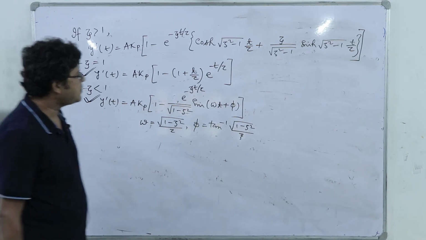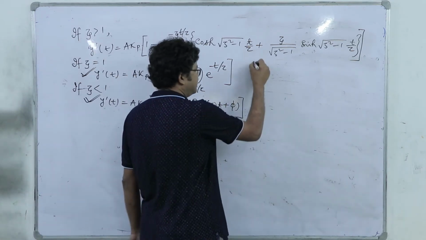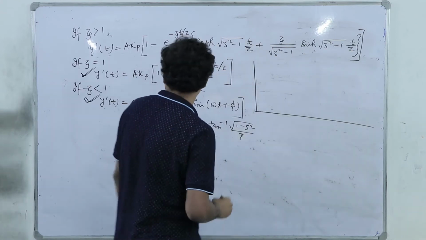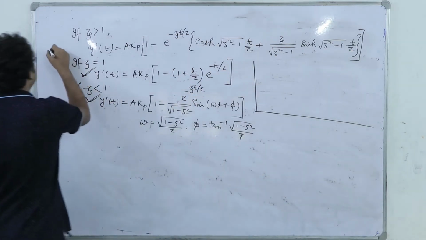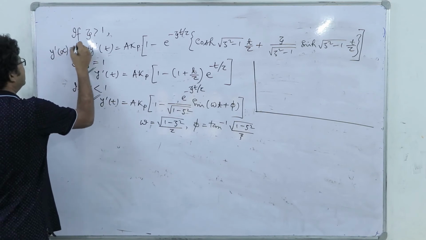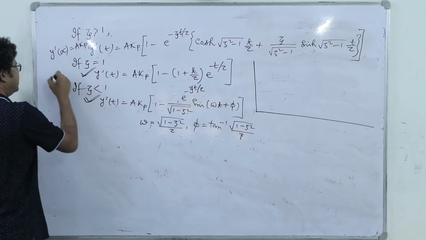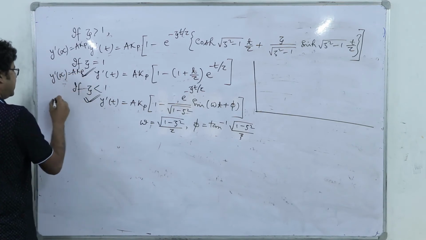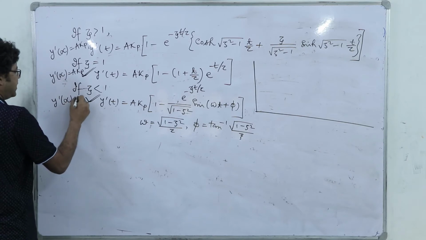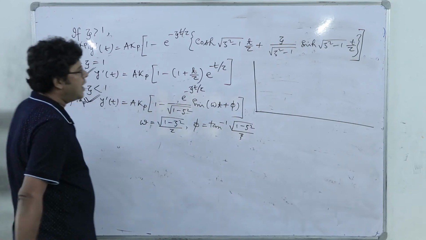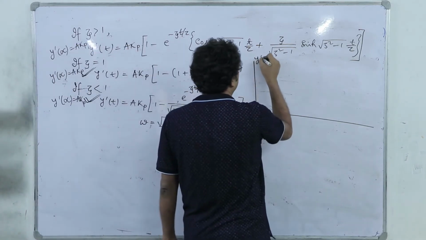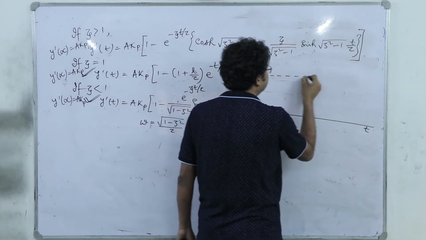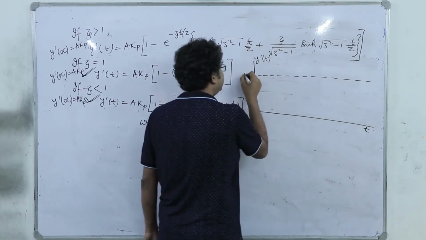Right. So what is the exact nature of the response? So, final value in all cases, see, y prime infinity is equal to A Kp, which corroborates with the definition of gain. Here also it is A Kp, here also it is A Kp. Now, how is it being attained? Now, y prime t versus t if I plot, and this is the final value, which is A Kp.